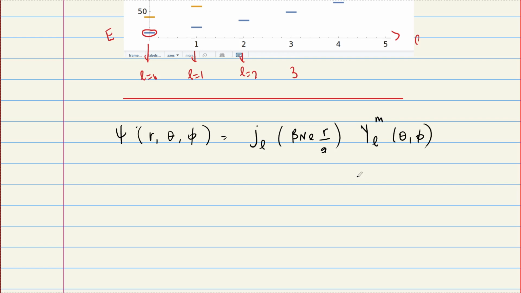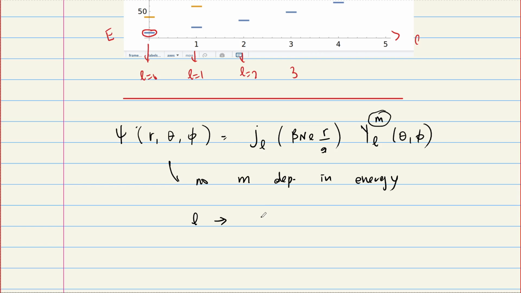You can see for each L, we have a different energy level. So there is no L degeneracy, but for each M, there is no M in the energy. So no M dependence in energy. And for each L, how many different M's do I have?